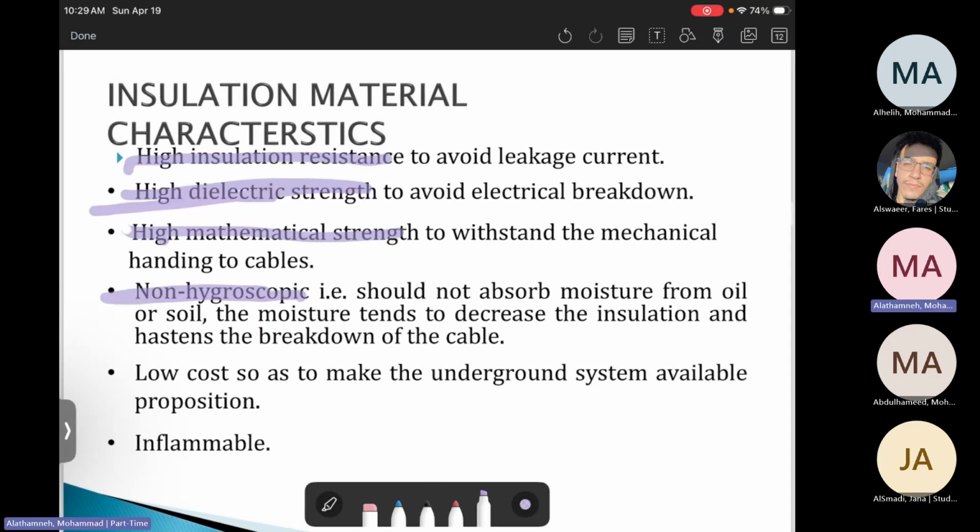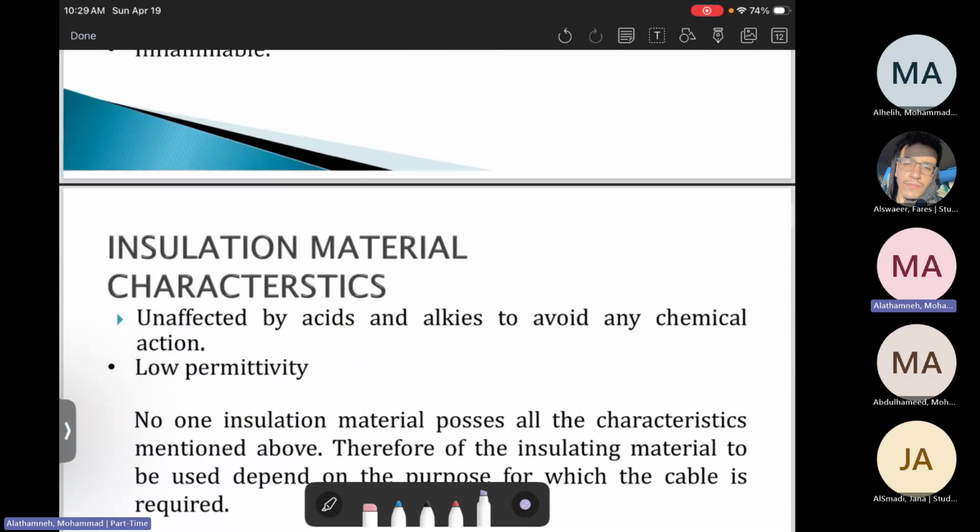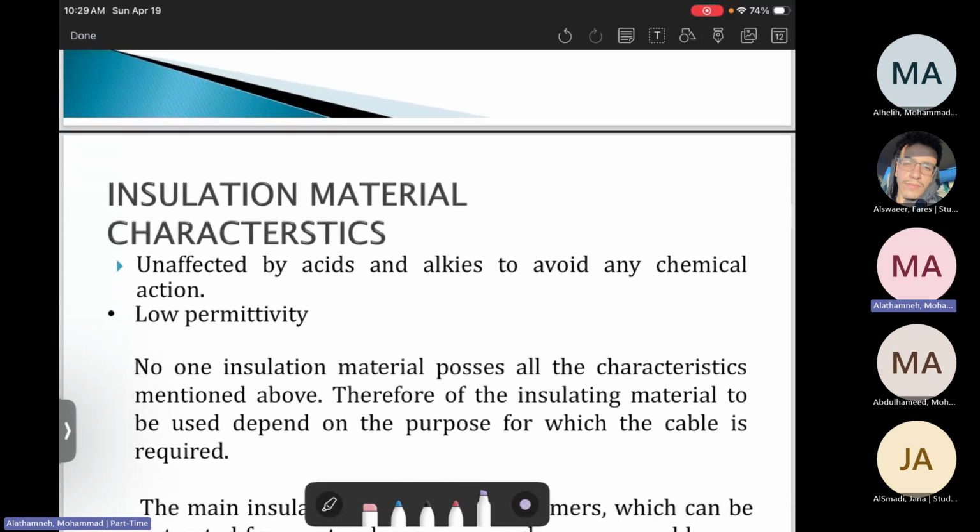Then low cost, that's our target characteristic. Inflammable, so it will not be impacted by temperature. And it must not be affected by acid or alkalis, to avoid any chemical actions, and has low permittivity.